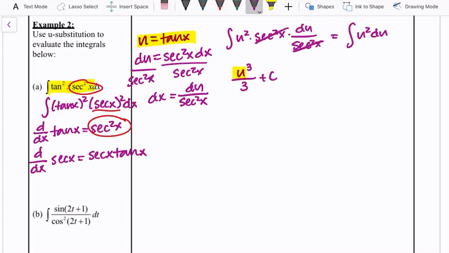Arrows instead means that it implies. So I don't want to say that this is equal to something. Let's just use an implies arrow in here. So I'm going to say that this implies that it's tangent cubed of x over 3 plus c. Or if we wanted to, I could write this as 1/3 tangent cubed x plus c.